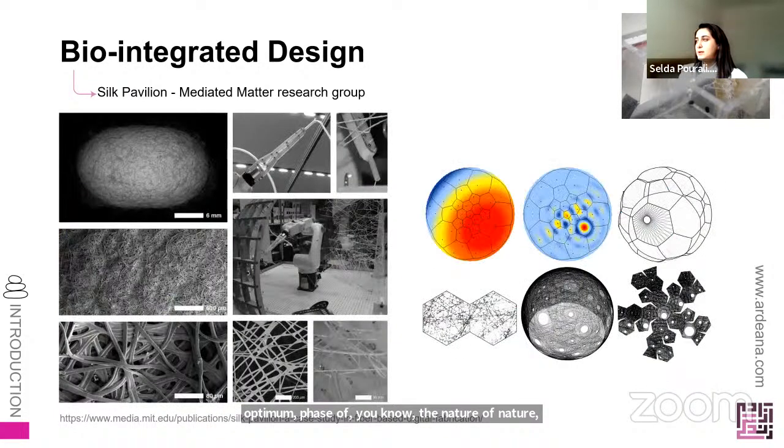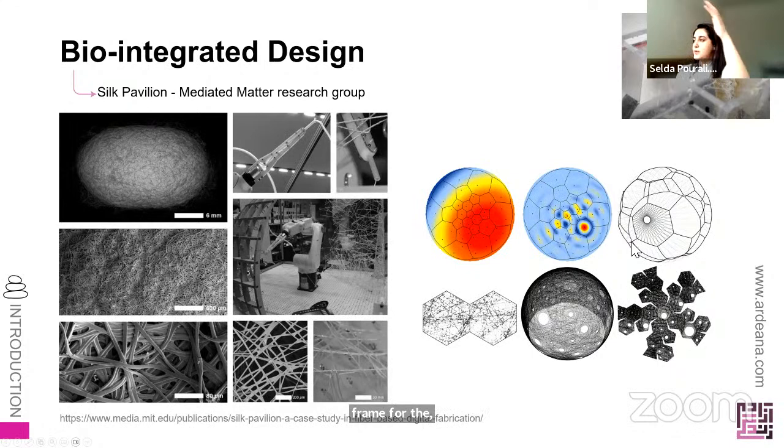So what they did is they made this frame for the silkworm, and the worms started to knit all around this temporary structure.